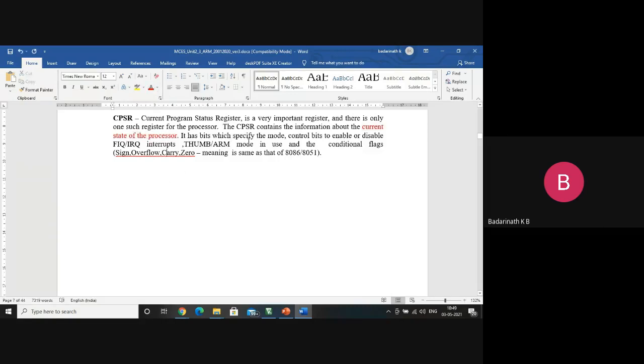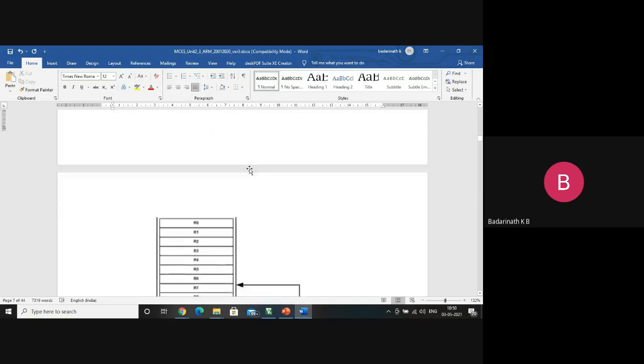It has bits which specify the mode, control bits to enable or disable FIQ and IRQ interrupts, the Thumb and ARM mode in use, and the condition flags: sign, overflow, carry, zero, whose meaning is the same as in 8086 and 8051. We will study that in detail now, one by one, what is available here.